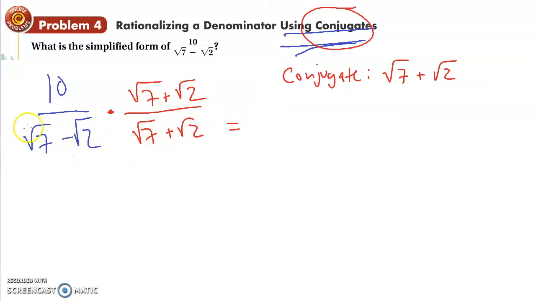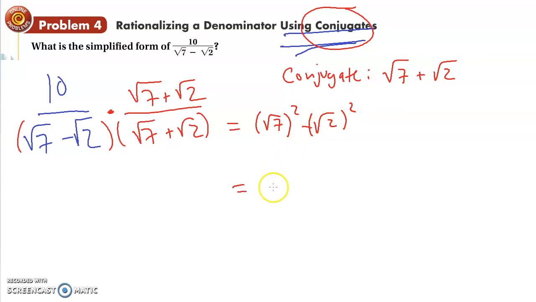Okay, multiplying the bottom. If we went the long way around, multiplying conjugates, you can do all of the distribution, sure, but remember, conjugate pairs form a difference of squares when you multiply. So the difference of squares form would be square root 7 squared minus square root 2 squared.